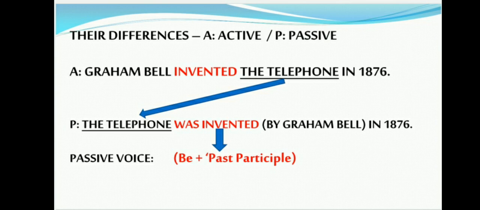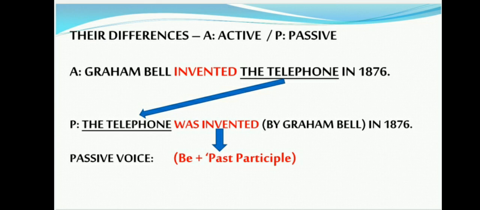He invented the telephone. In the passive voice, when I say the telephone was invented, I don't start talking about Graham Bell. I start talking about the telephone. The telephone is my new subject. And I say was invented.